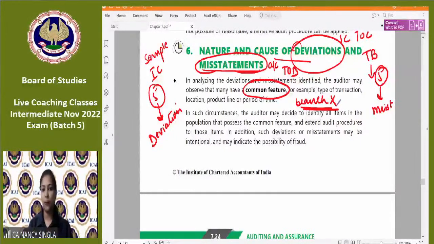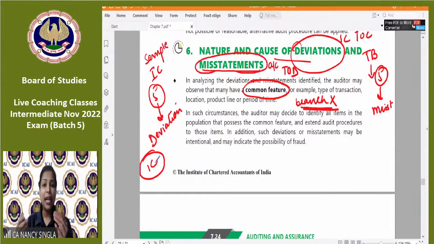ठीक है. Let's say there is an internal control that all the traveling bills will be authorized by two signatories, ठीक है, exceeding rupees 5,000, and he saw that at 10 instances that internal control was not working, and when he realized, he saw that on the traveling bills in the first week of every month there is a problem. He will discuss with the management. Right?